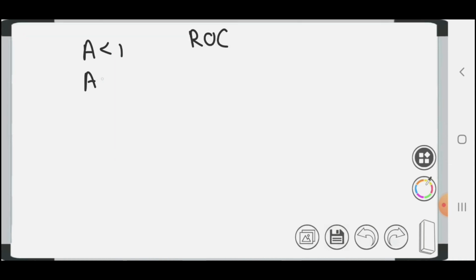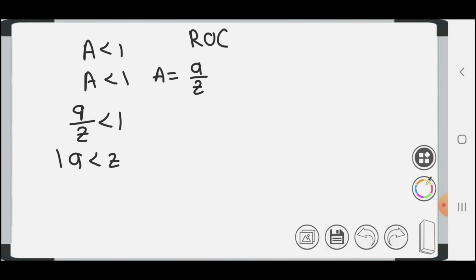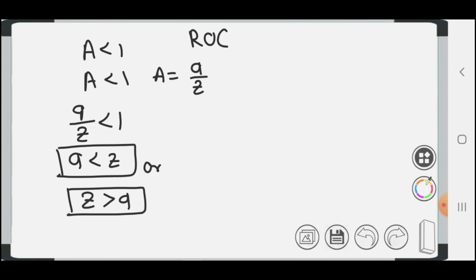So you can write a upon z is less than 1. So we can say that z is greater than a.